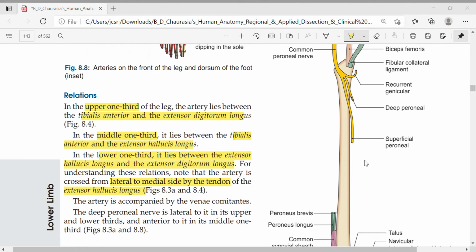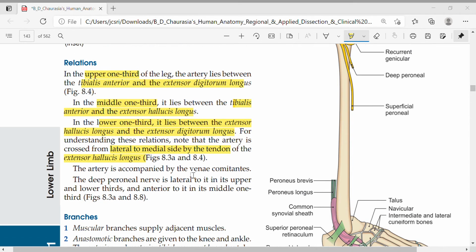And you have to see that from the lateral to the medial side, the artery is being crossed by the extensor hallucis longus. The venae comitantes accompany the artery. The deep peroneal nerve is lateral to it in the upper and lower thirds, and anterior in the middle one third. This is very important. So about the vein you should write, about the nerve you should write. This image shows the deep fibular nerve.